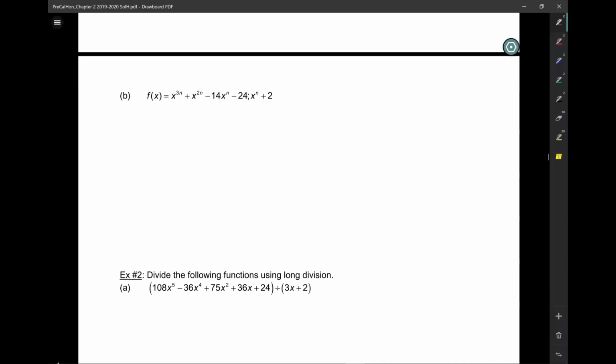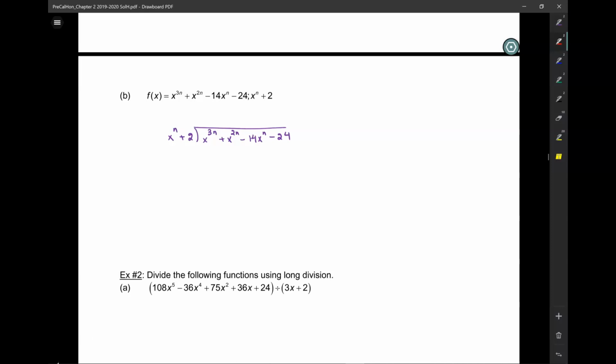Same instructions as before. So let's divide here. This is going to be the divisor. And then I put in x to the 3n plus x to the 2n minus 14x to the n minus 24. It is a factor. It's like number 1.